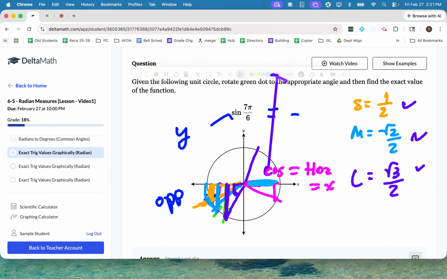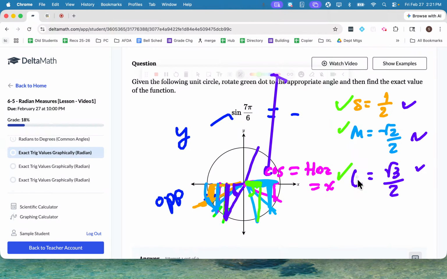And then this, when you're at 45, is the medium length. And then this is the short length, which is the adjacent side. So they will still correspond to these three numbers.